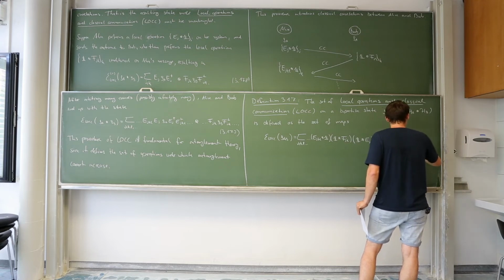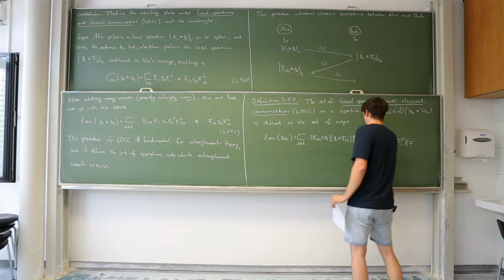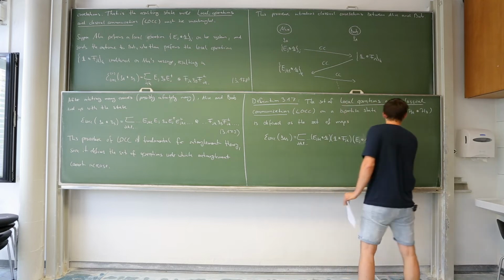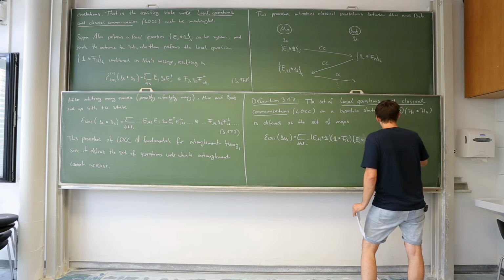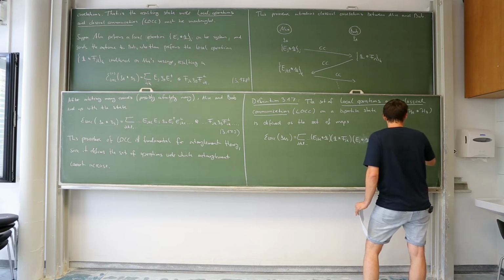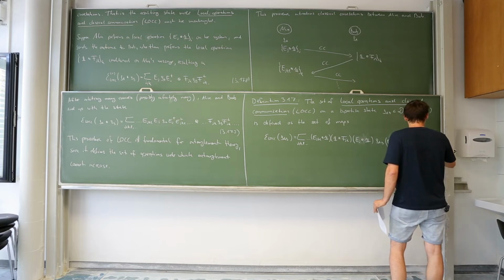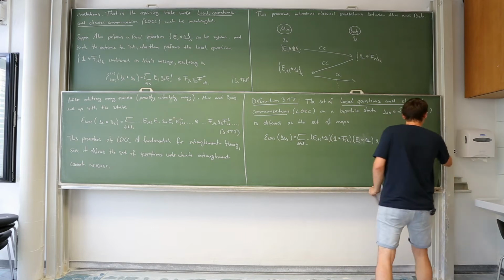Then oh, now I made a mistake. E_J tensor identity, E_J dagger tensor identity, identity tensor F_JK, and E_JKL tensor identity dagger.